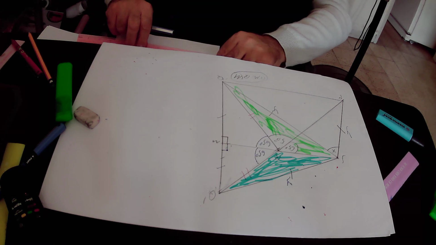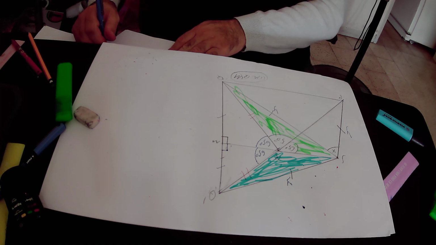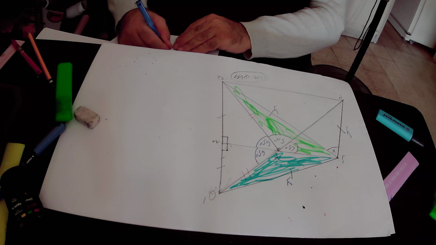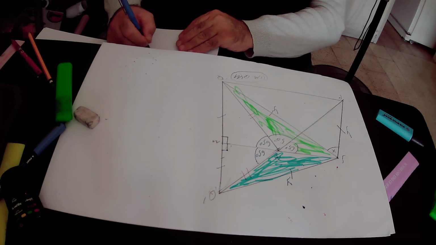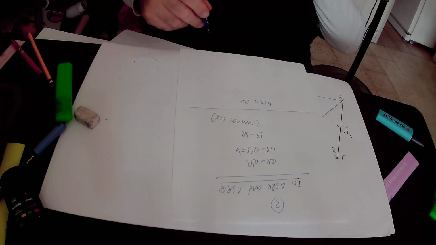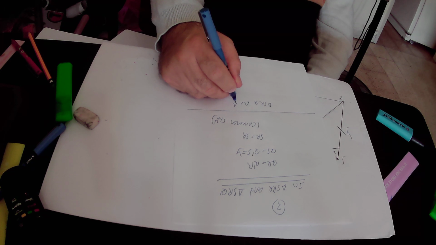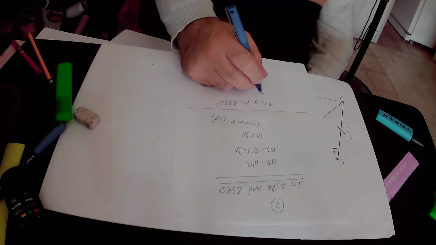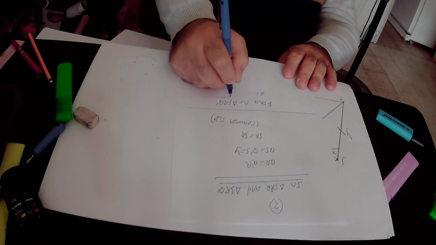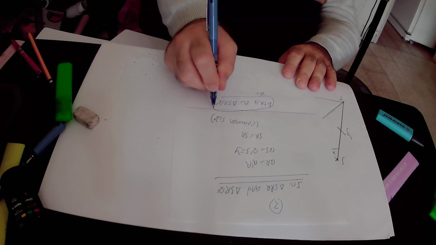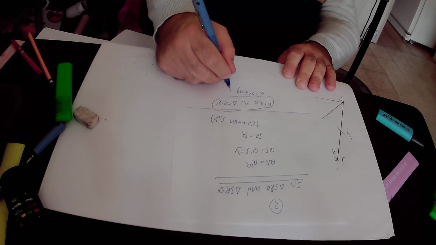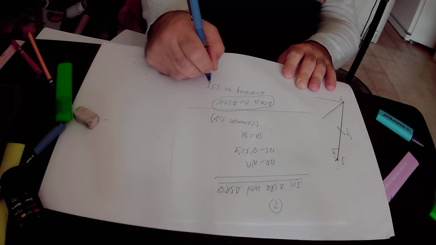Triangle SRQ is congruent to triangle SRQ dash according to the side rule.